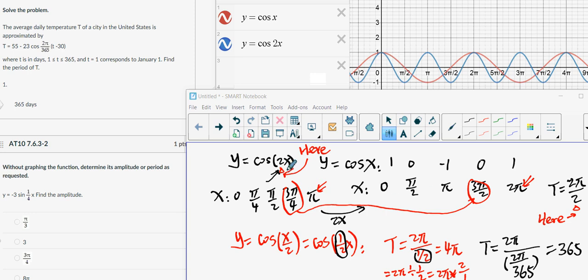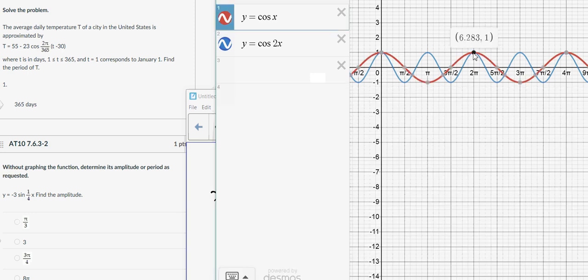So if you have a 2 here, it reaches 2 pi twice as fast. When x is pi, times 2 is 2 pi, and cosine of 2 pi is 1, right here.